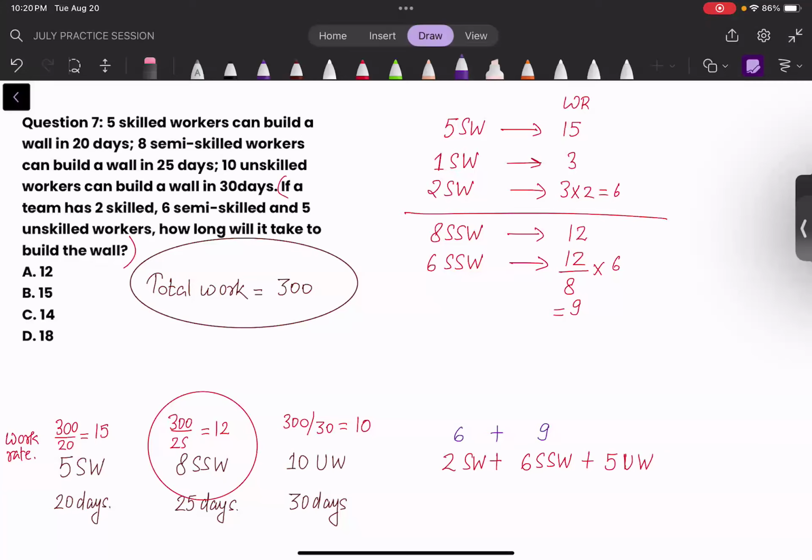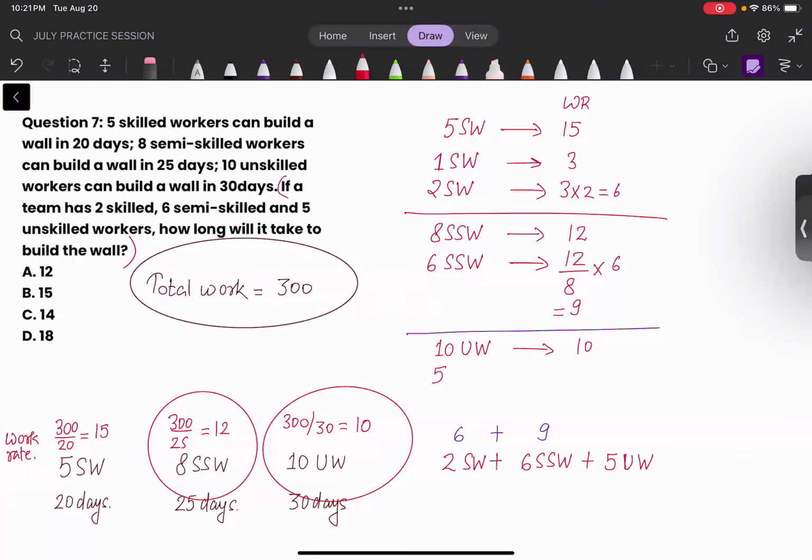We know for 8 workers, but we have to calculate for 6 workers. For skilled workers, we know for 5 workers, but we want for 2 workers. And similarly for unskilled workers. 10 unskilled workers have a work rate of 10.